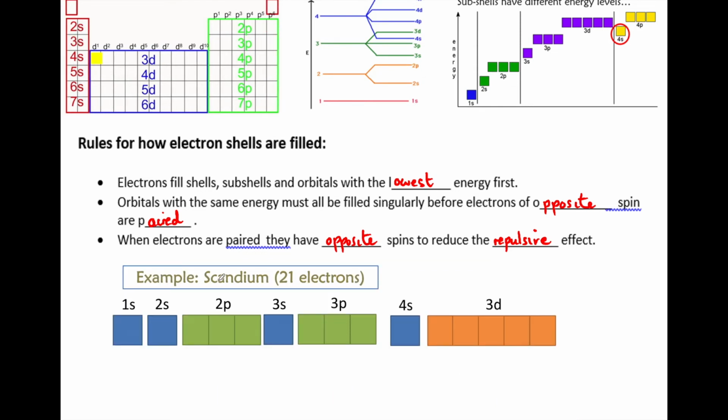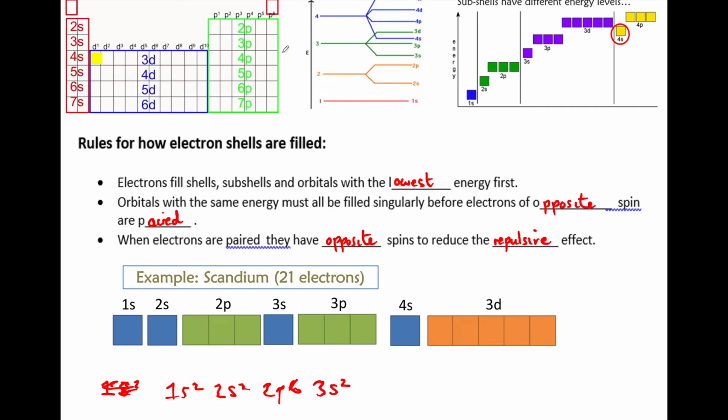Let's do one more, which is cadmium, and that's here. So you can see really clearly it's 1s first. So it's 1s2. It's then 2s2, 2p6. Then we've got 3s2.